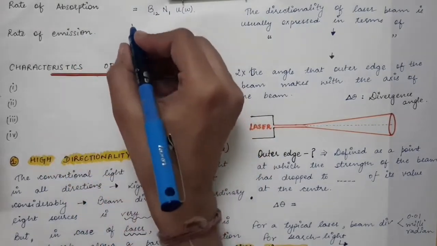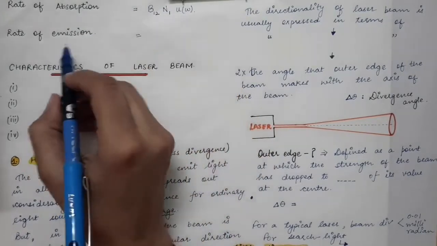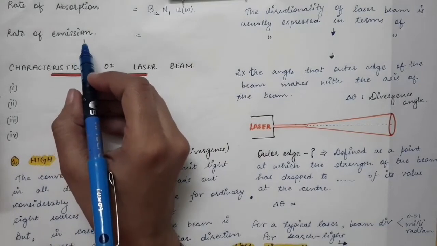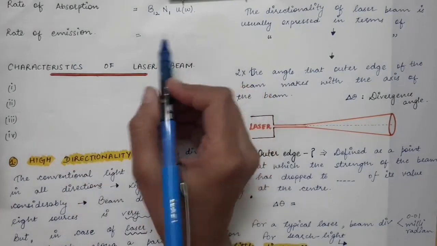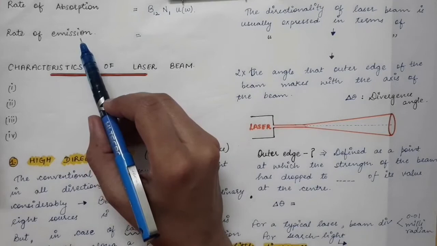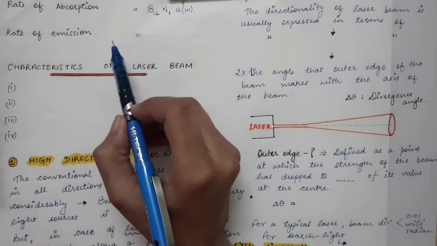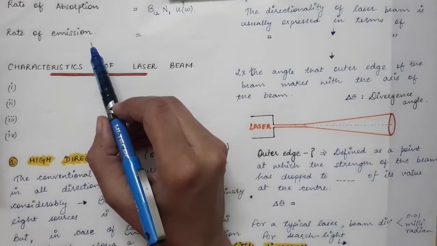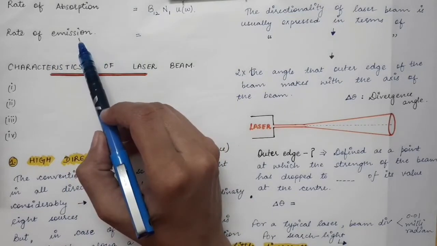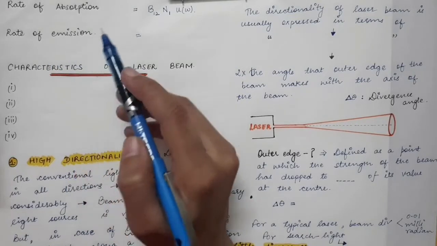Now is the rate of emission. In the case of rate of emission, both transitions will be written. First is the spontaneous emission and another is the stimulated emission. These two are the emission processes, and the rate of emission will be the summation of the two rates.